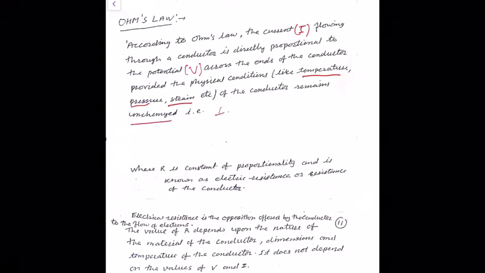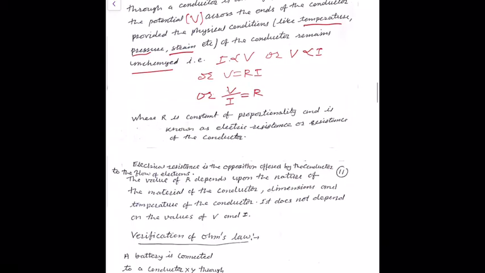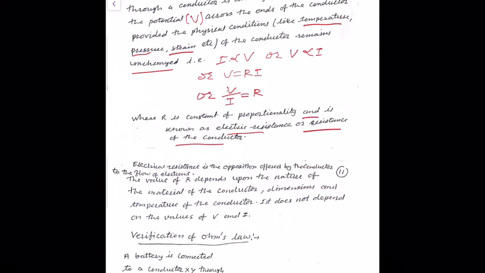That is, I is proportional to V, or V is equal to R I, or V upon I is equal to R, where R is the constant of proportionality and is known as electric resistance or resistance of the conductor.